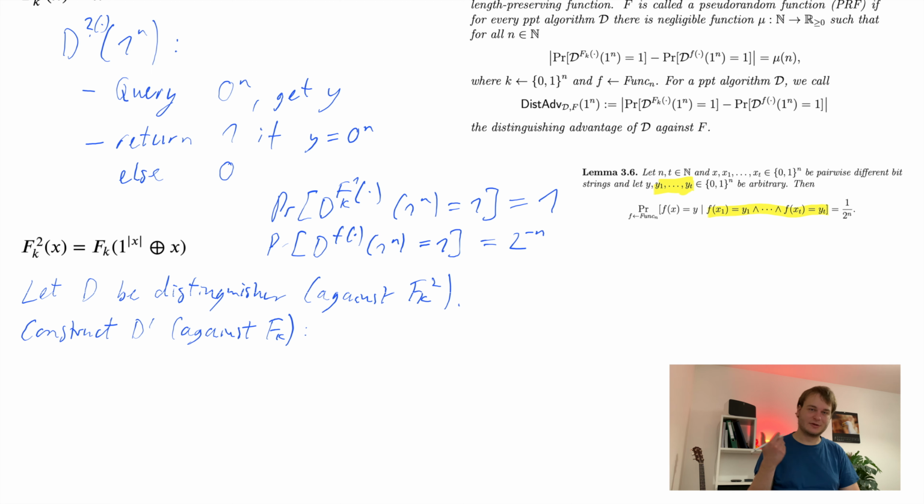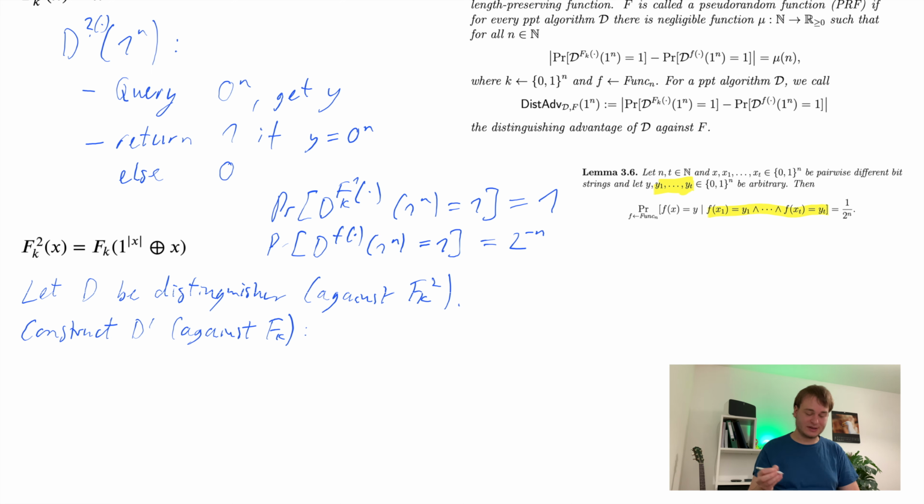Well, ideally, it wants to run this distinguisher D that we have, right? So that if D actually were very successful in distinguishing our new pseudorandom function from random, then we would hope that D prime, our newly constructed distinguisher, would also be very successful in distinguishing fk, the thing that we know as a PRF, from random.